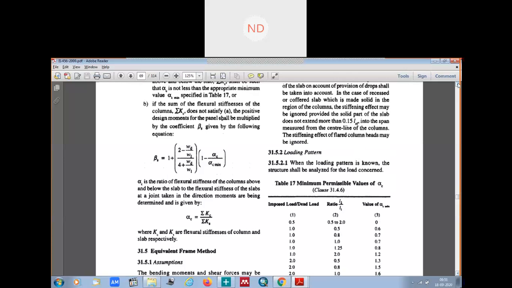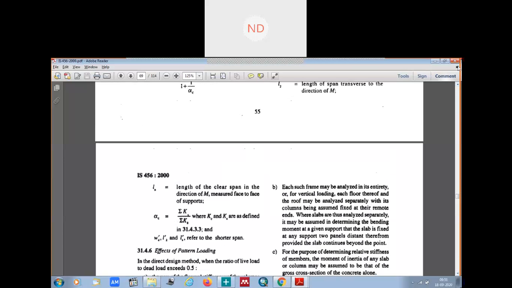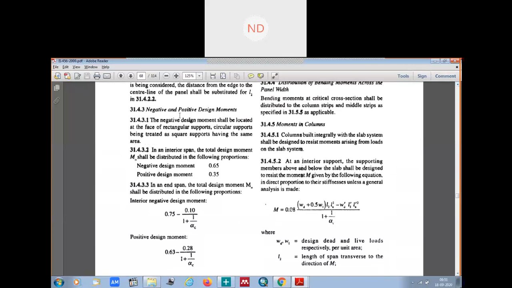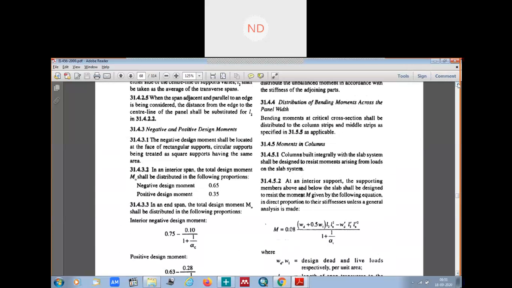Here you see negative and positive moments, clause number 31.4.3. The negative design moment shall be calculated at the face of the support. Okay, not this one, 31.4.3.2. In the interior span, the total design moment MO, our design moment which we had calculated was MO. Now we are finding MU.